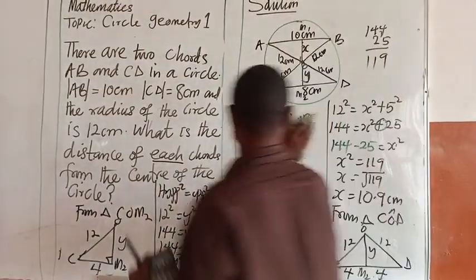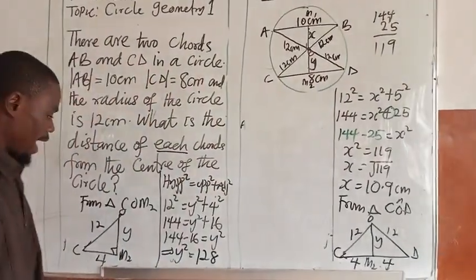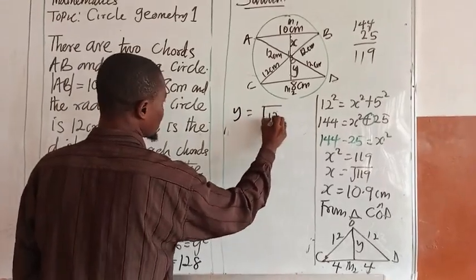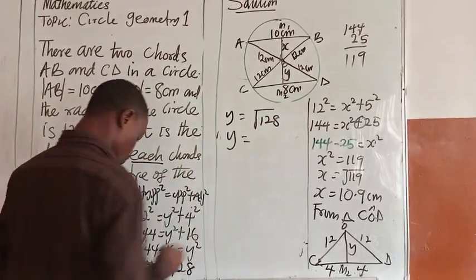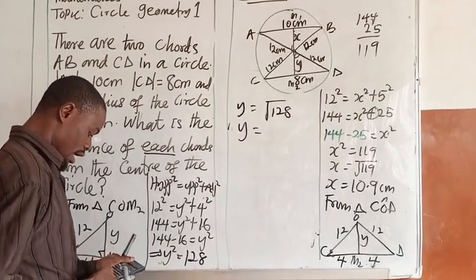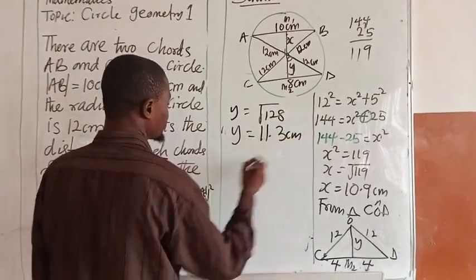If you take the square root of both sides, you have Y. Y is equal to the square root of 128, which is equal to 11.3 centimeters. That's it.